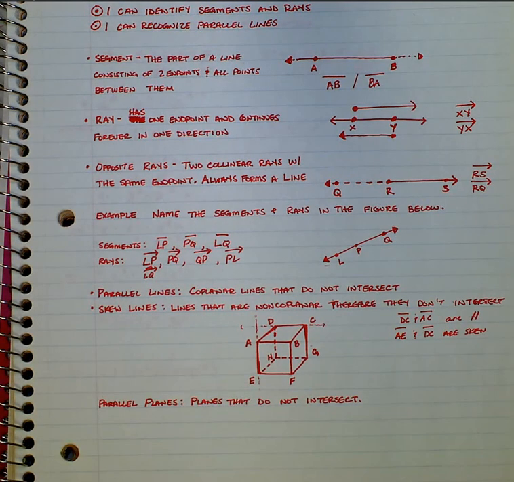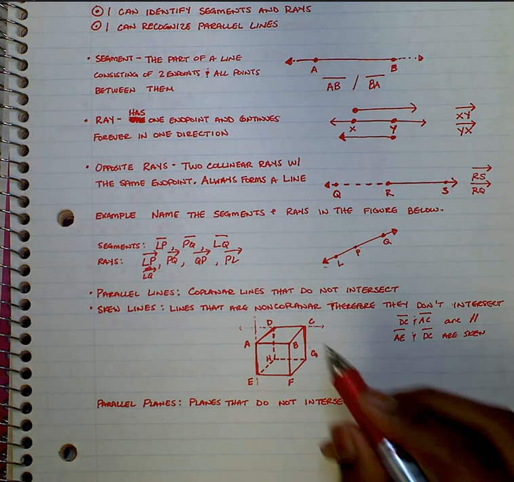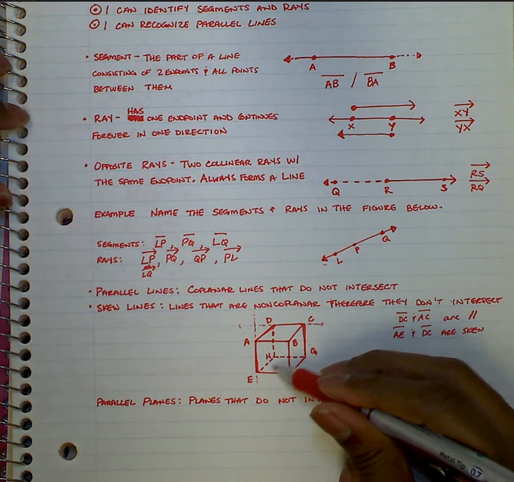And then parallel planes are just planes that don't intersect. Just looking at this cube, you can think of the planes that don't intersect as the top of the cube and the bottom of the cube.